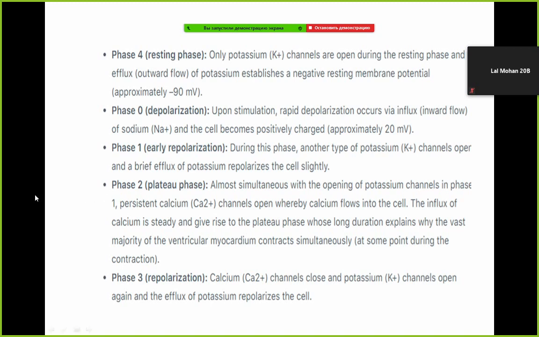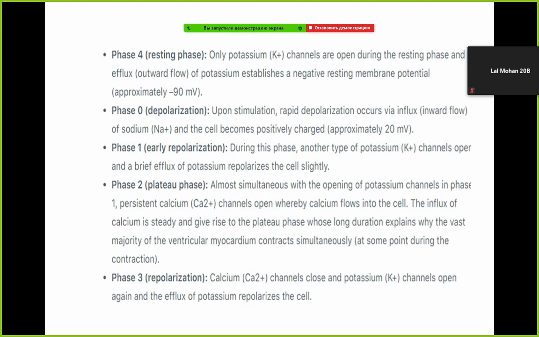The next, phase 1, early repolarization. During this phase, another type of potassium channels open, and a brief efflux of potassium repolarizes the cell slightly.